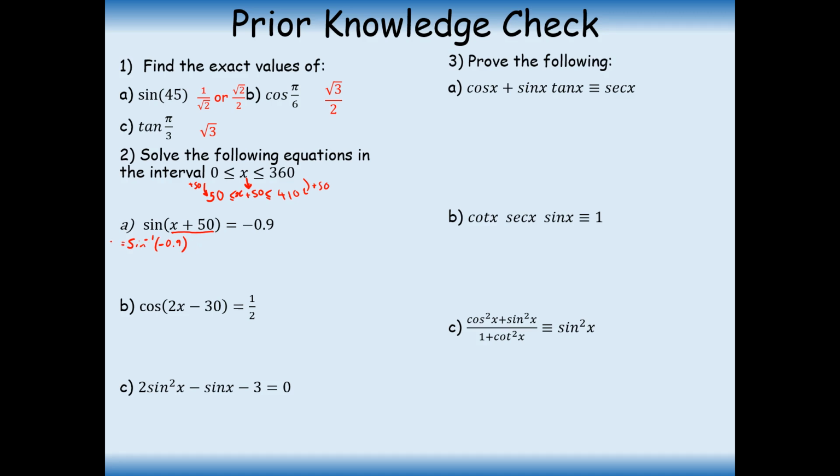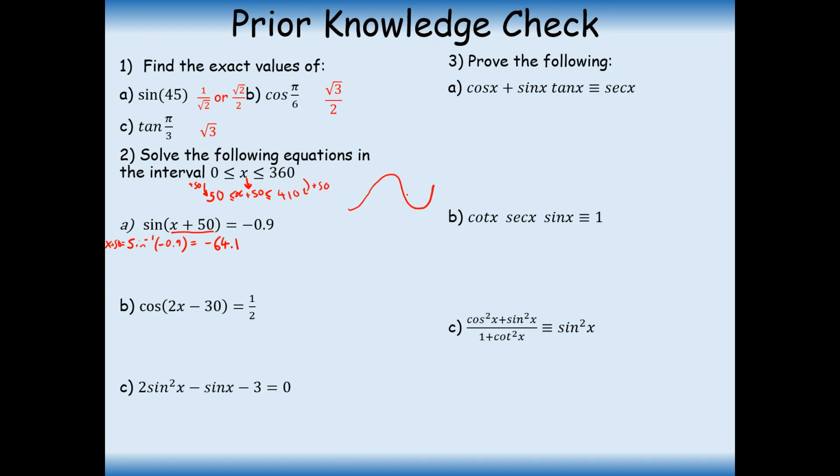I would leave x plus 50 on the left hand side, and the very first answer is not within the range that we want. My calculator gives me negative 64.1.